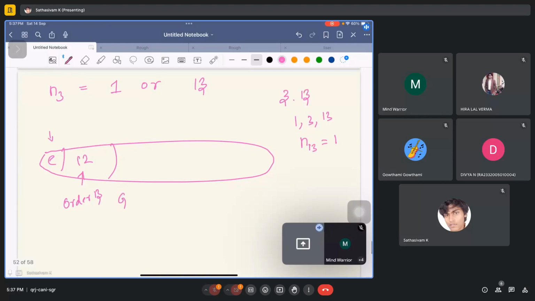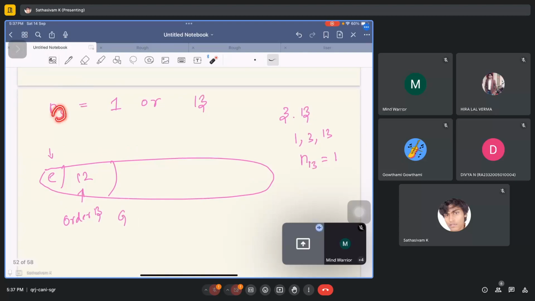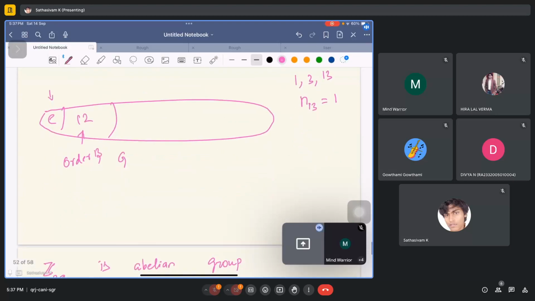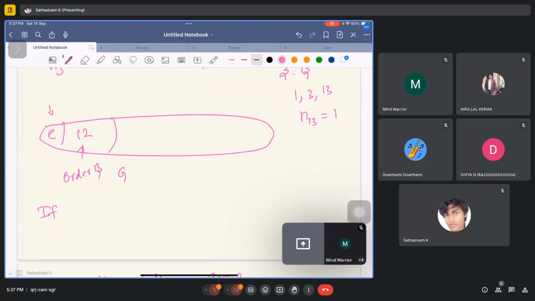And let's look at what are the possible orders for the element of order 3, and see how many elements there are. Suppose N3 is 1, then what happens? That means how many elements of order 3 will be there?